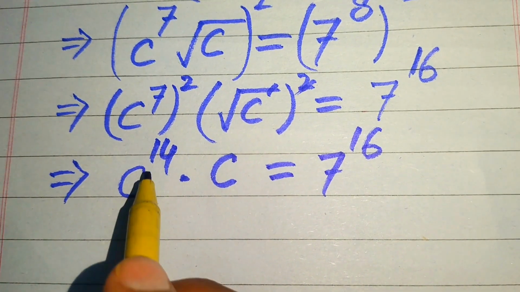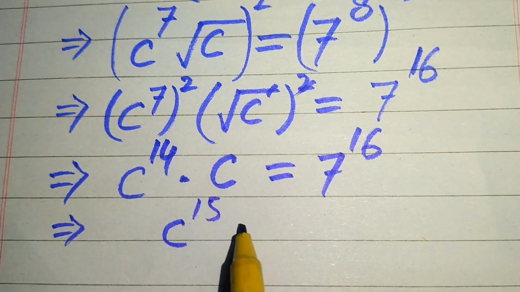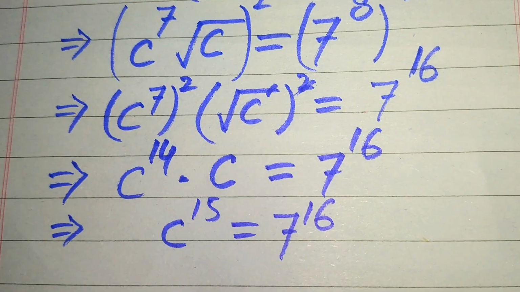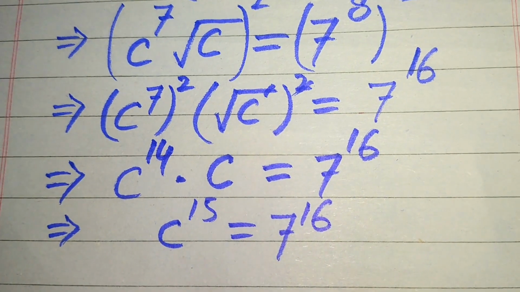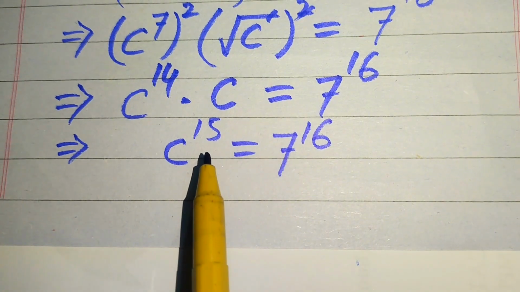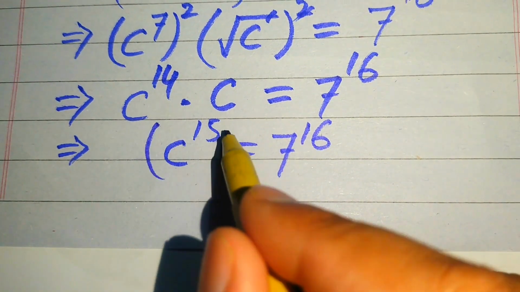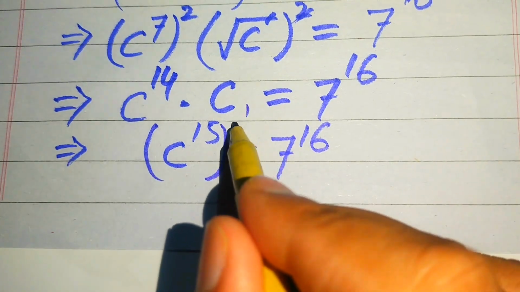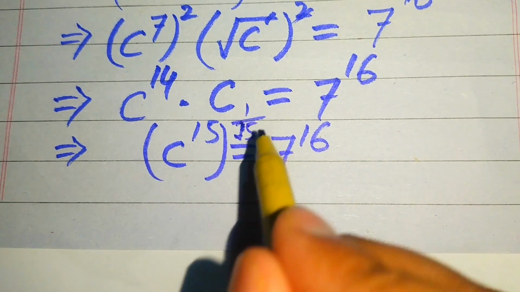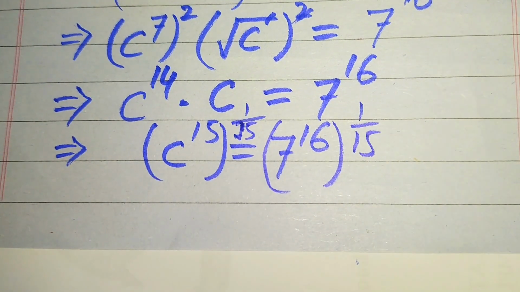So we again multiply c to the power of 14 with c, and we get c to the power of 15 is equal to 7 to the power of 16. Because our target is to get the value of c, for this we need to remove this 15 from the left hand side, and for this we take the 15th root on both of the sides, or in other words we just take the power 1 over 15 on both of the sides.